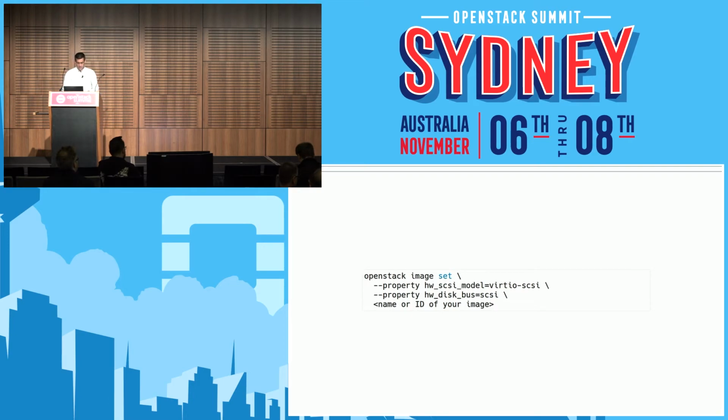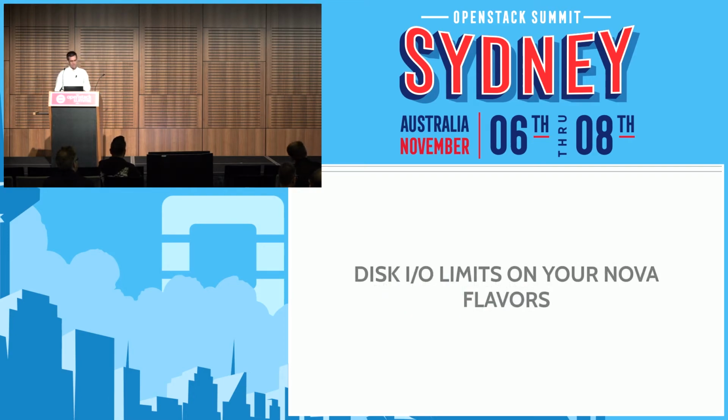You should also consider at least setting disk I/O limits on your Nova flavors. Why is that? In a Ceph cluster that acts as backing storage for OpenStack, it's natural that many OpenStack VMs share the bandwidth and the IOPS of your whole cluster. And when that happens, occasionally you might have a VM that's very busy, meaning it produces a lot of I/O, and the Ceph cluster will attempt to process that to the best of its abilities.